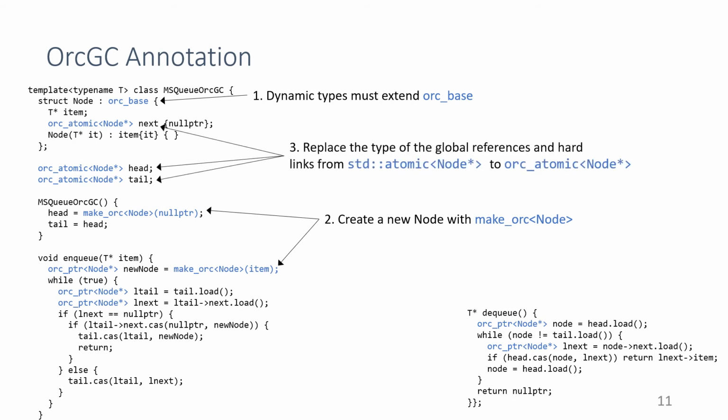The next, head and tail that are hard links must be changed from std::atomic to OrcAtomic. And every time a load is called, it is stored in an OrcPtr object.